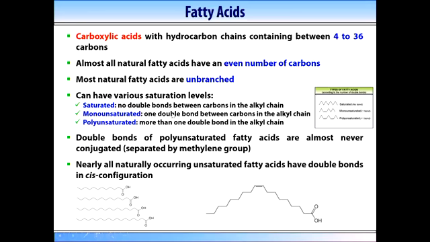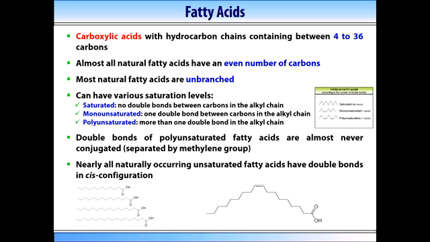So they can have various saturation levels. This is very important. They could be fully saturated, so there are no double bonds. They could be monounsaturated or polyunsaturated, in which case they have 1 or 2 double bonds, as shown here. What is important is that double bonds of the polyunsaturated fatty acids are almost never conjugated.